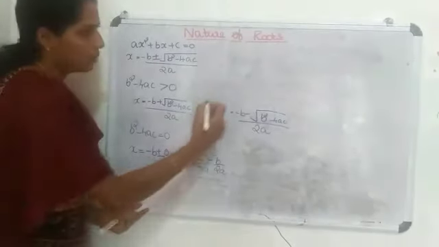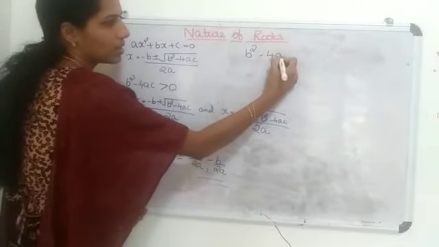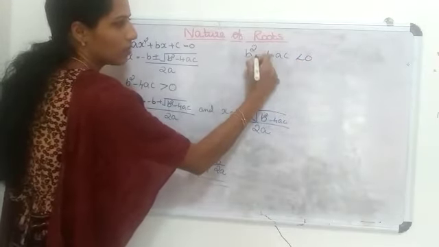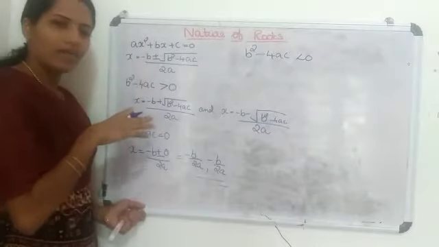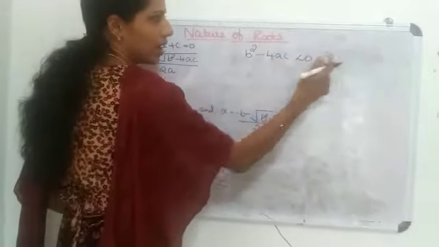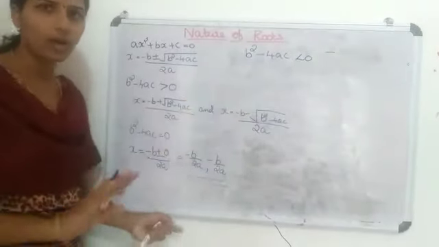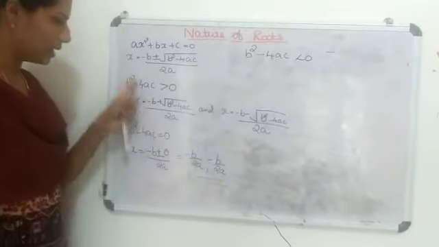Now see, b square minus 4ac less than 0. We did a problem like this also. When we get a negative value here, the equation has no real roots. So these are the three conditions.